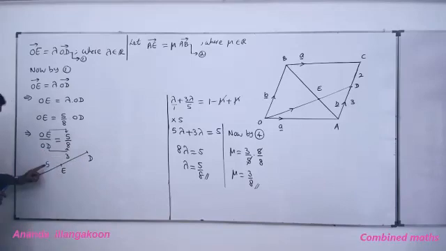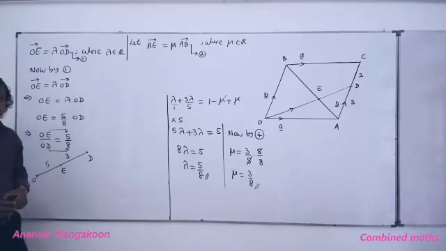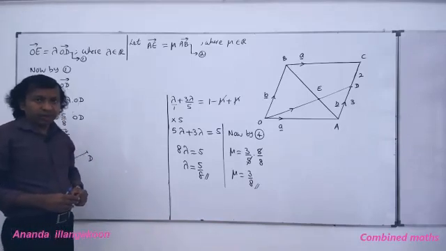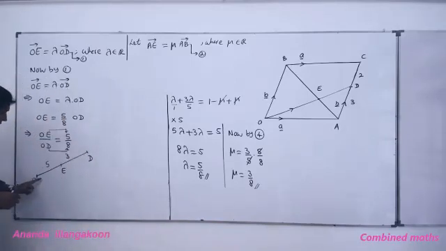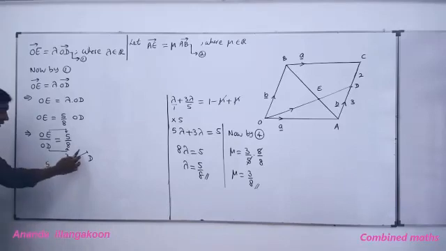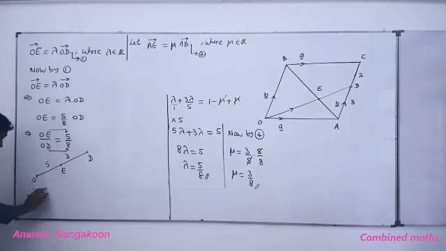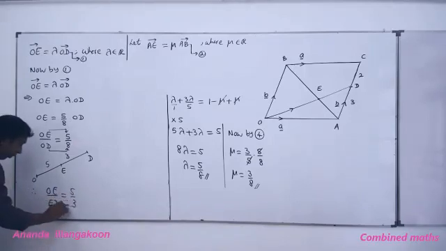Now you can see these two figures are not actual lengths. They are the ratio figures. When we have something like this, this is how we determine the ratio. Then you can very clearly see OE is 5 units, ED comes as 3 units. Therefore, you can write OE divided by ED is equal to 5 by 3.